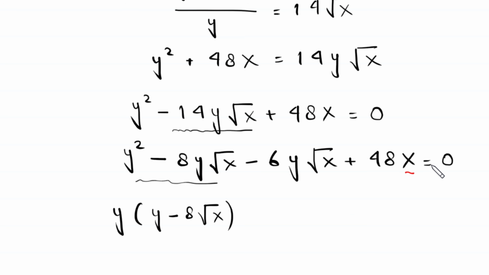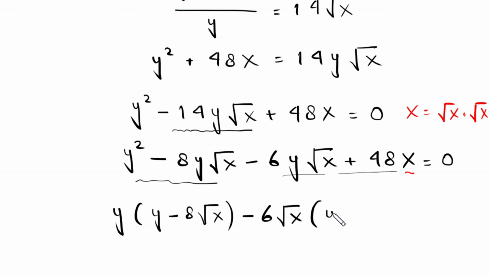Since this x is the same as root x times root x, we factor out a negative 6 times root x from these two terms. Negative 6 times root x as common factor, in bracket y minus 8 times root x equal to 0.